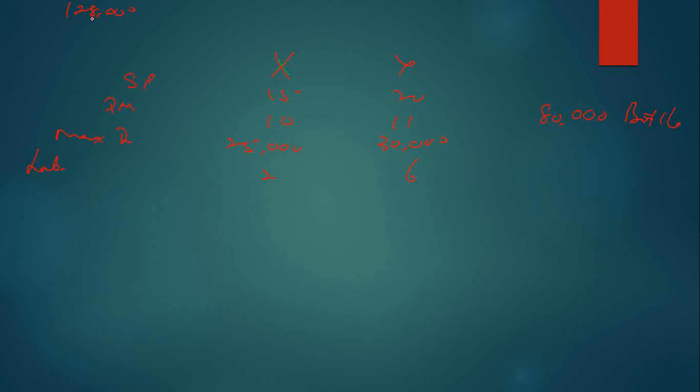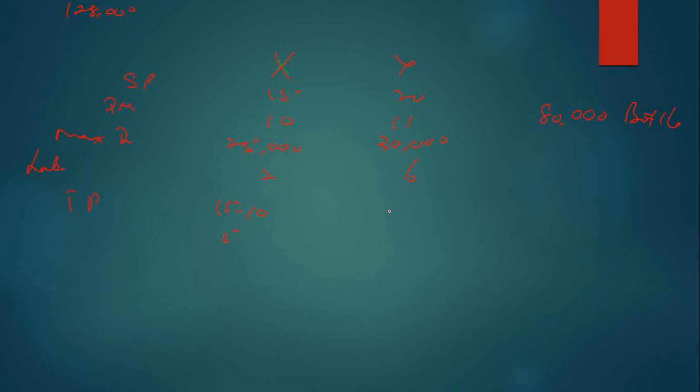They have given us all these details, so let's work out how much we should be producing. We know the selling price is 15, direct material is 10. So 15 minus 10, 5 is the throughput.